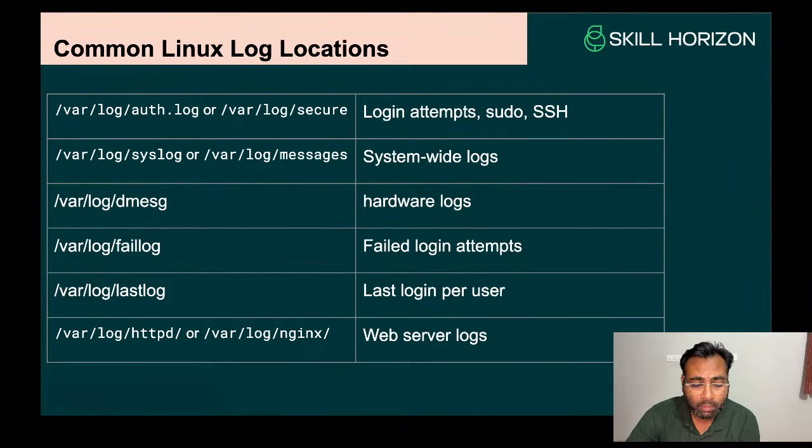It also depends on what type of Linux distribution you are using, whether Ubuntu, Red Hat, or a Debian-based distribution. The file name could be different, but the location will be /var/log.